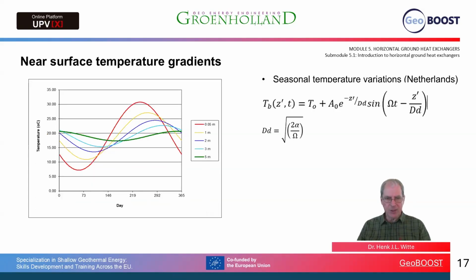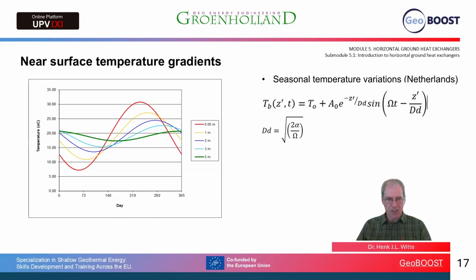Then the temperature. Again, a nice formula with which we can calculate the seasonal temperature variation as a function of depth. We need to input the average surface temperature and the amplitude of the surface temperature over the year, and then we can calculate with this formula the temperature for each day of the year at different depths.